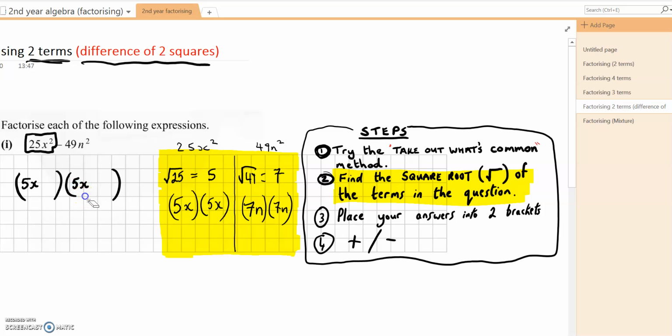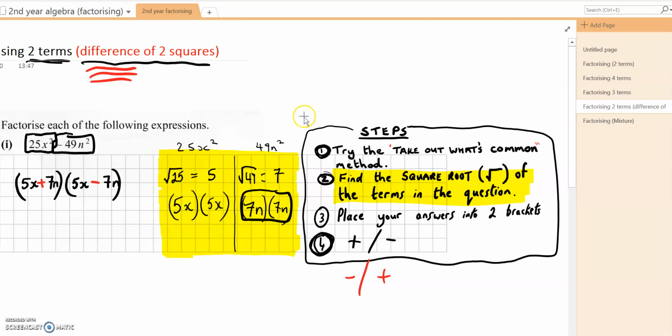And what was the root of the second term, 49n squared? Well, that was 7n and 7n. So we put 7n and 7n. And then the last thing we do is we put a plus and a minus, or you could put a minus and a plus, so long as the signs are different. Always different. And that's our answer. It's as straightforward as that.